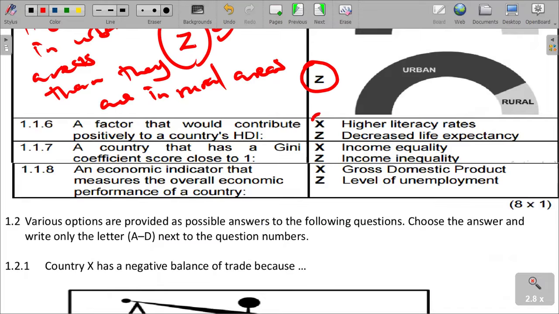When a country has more people who are able to read and write, it indicates that the HDI is positively marked. Decreased life expectancy means people are dying young, hence it cannot be a positive indicator. A positive indicator should be something that is contributing in a positive way. So X is the right answer on number 6.